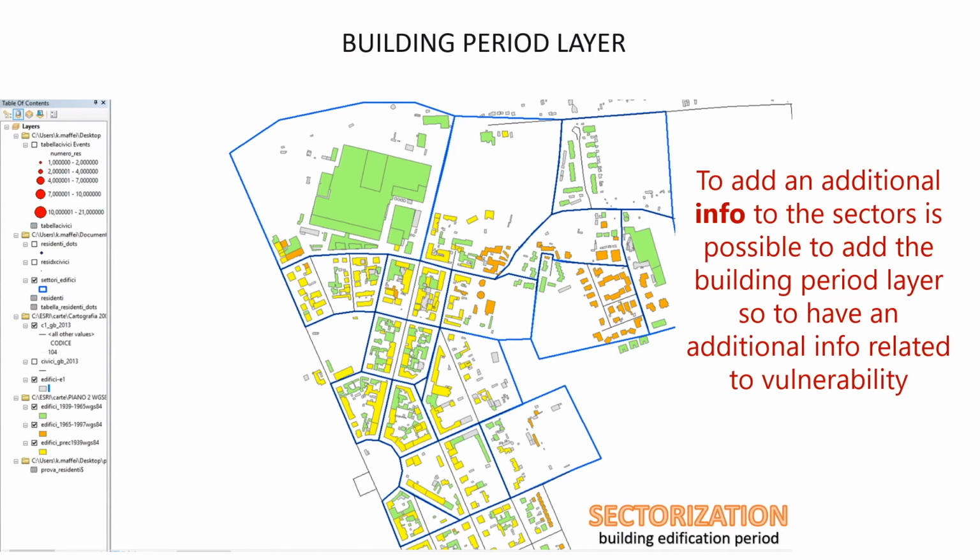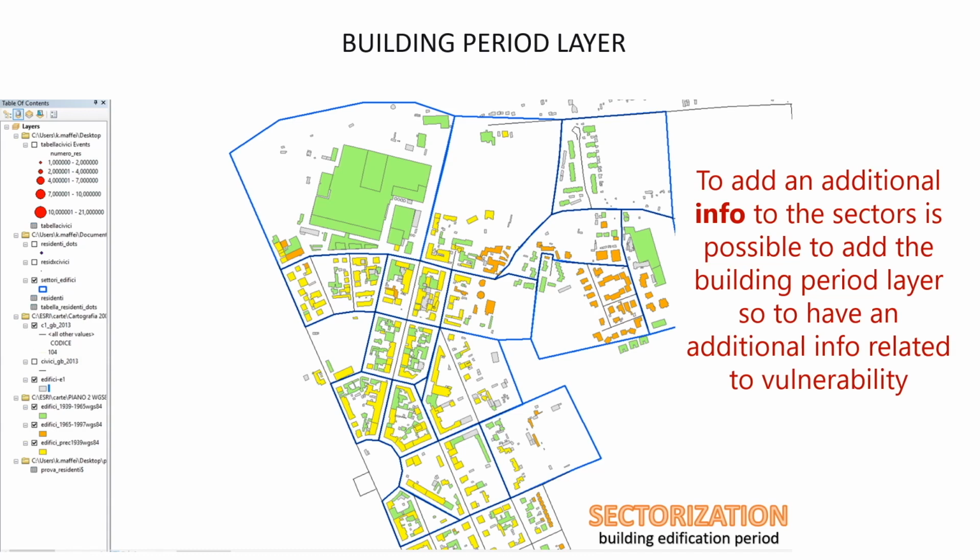On the sector that we just defined, following the number of buildings, we have also added the building period. So on this map, you see with the blue line and the blue polygon the sector that we just defined, and we have changed the color of the building based on the building period.